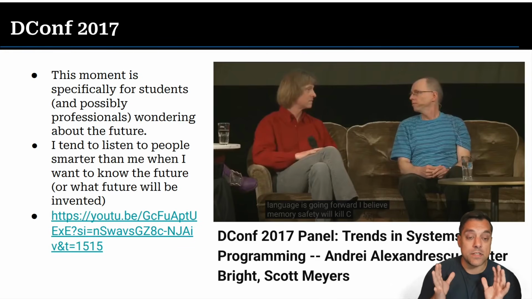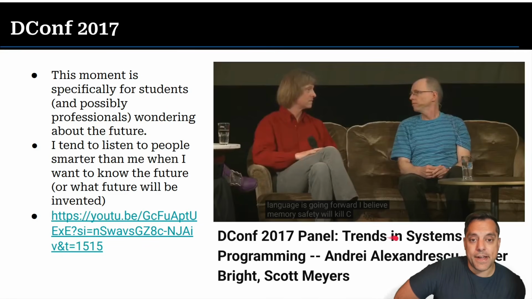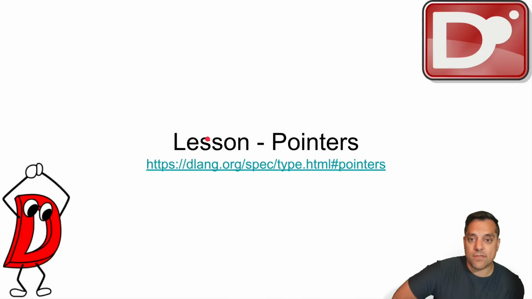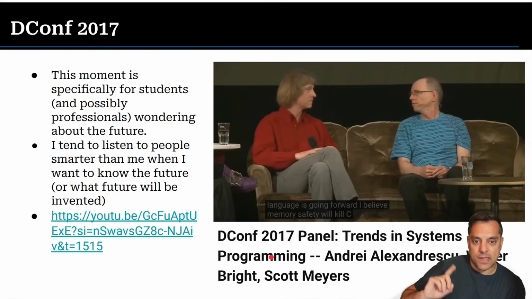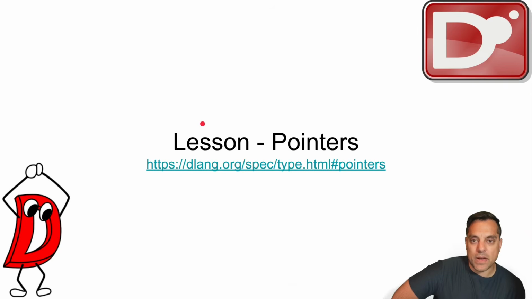So systems programming languages in the C and C++ world have been moving to try to add a lot of safety features, because that's true. Languages like D and Rust are here, which are memory safe languages. And there is a follow-up on this at the D conference 8 years later, where you could hear Walter talk a little bit more about this as well. So anyways, that's the idea here.